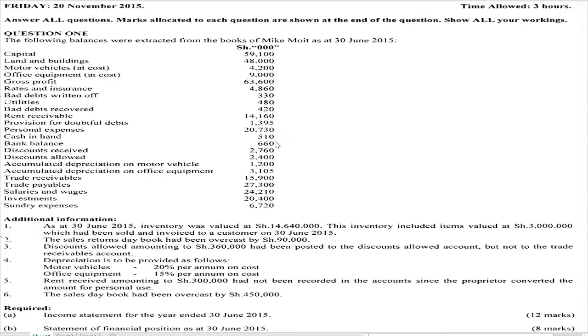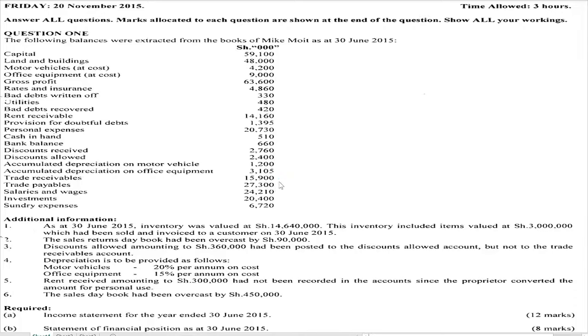Cash in hand 510, bank 660, discount received of 2,760, discount allowed of 2,400, accumulated depreciation on motor vehicle 1,200, accumulated depreciation on office equipment 3,105.